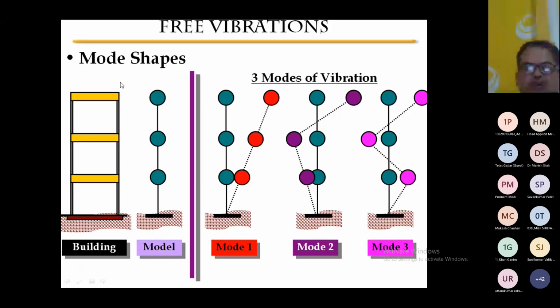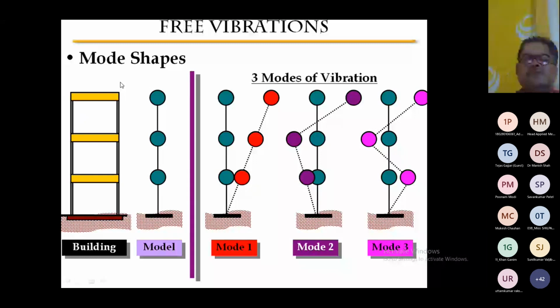You see, when we go for the code-based procedure, we must have a certain idea of the mode shape. The mode shape is nothing but the deformed shape of the structure, right? Because your structure is vibrating, and it depends on the applied frequency, because your system has its own frequency, right?